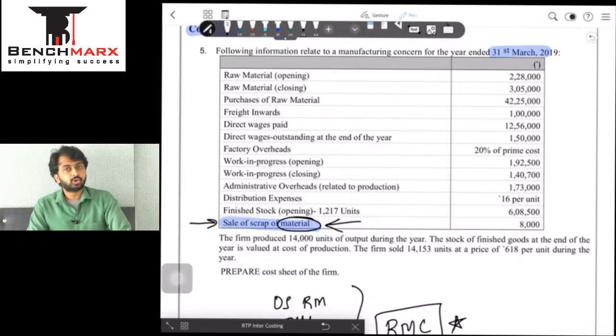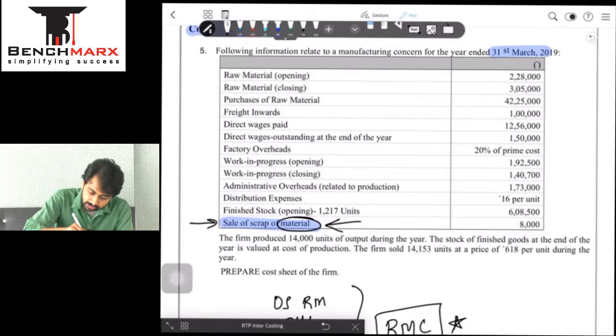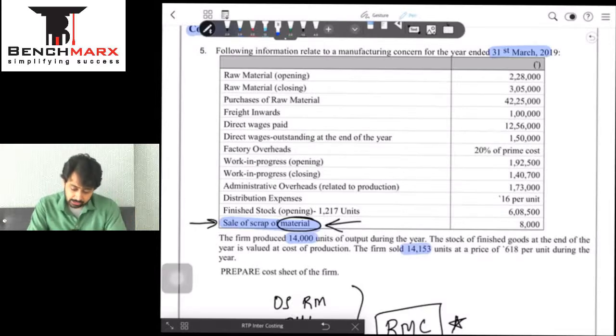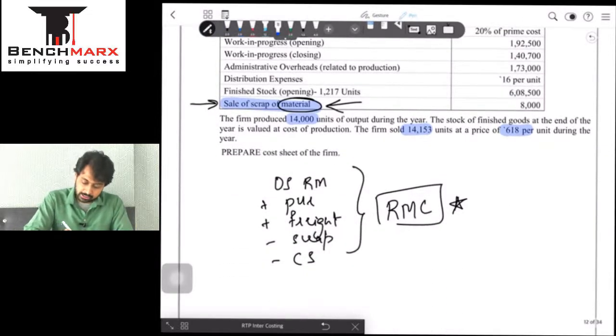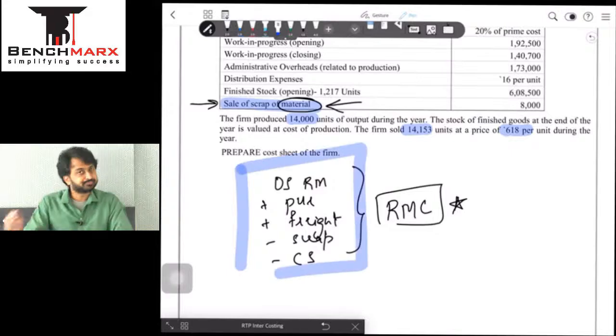It is just a question of inputting numbers, and the question has given the goods produced are 14,000 and opening stock is given and firm sold. Sales is also given to us, sales known, opening known and production known. I will get the balancing figure as my closing stock, and my sale price is also given, and well, all inputs are given. It is just a question of inputting correct things as per the correct cost sheet format, and raw materials is the only important thing in the entire question.